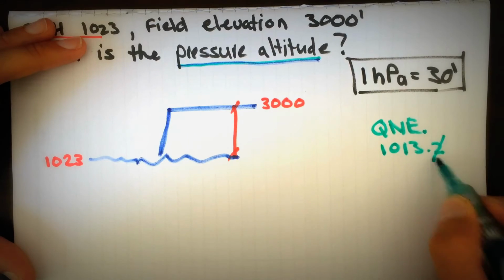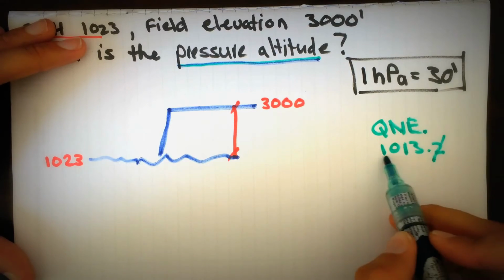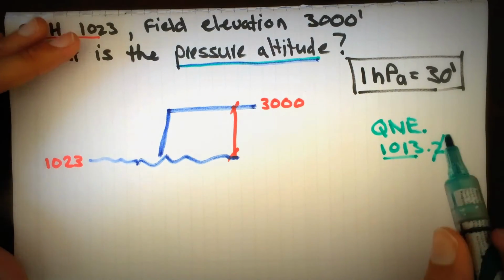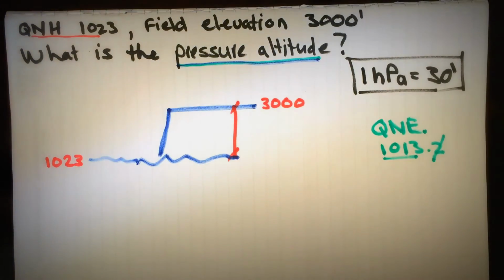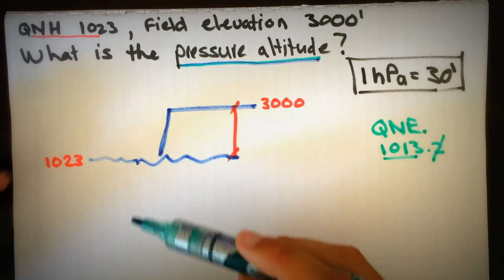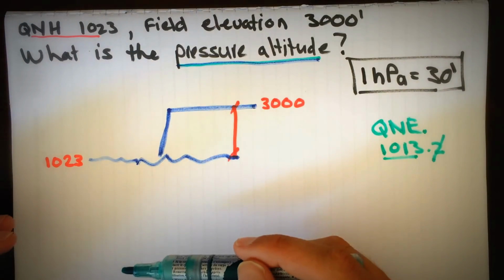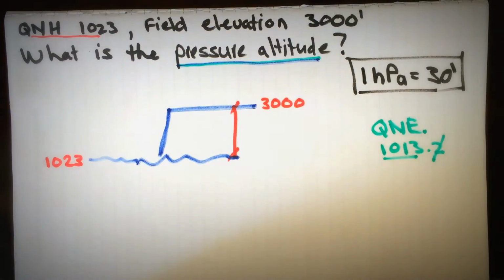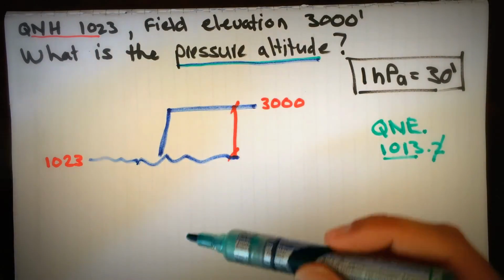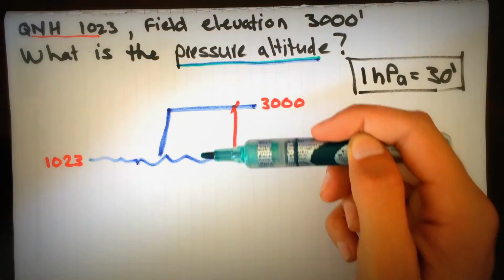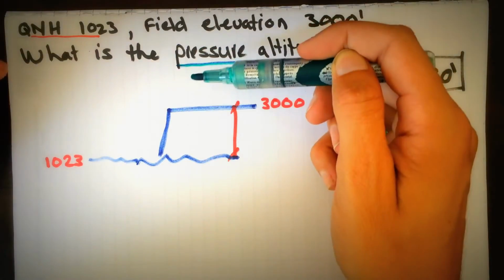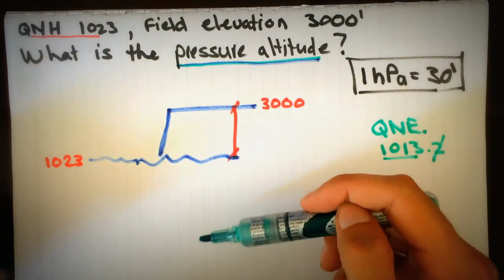We don't worry about the 2 when we solve these questions, we just round it off to 1013. Now, the question I want you to think about is, is 1013 above 1023 or is it below 1023? In essence, I'm asking, is the pressure going to increase when we go higher, or decrease when we go higher, or increase when we go low, or decrease when we get low?